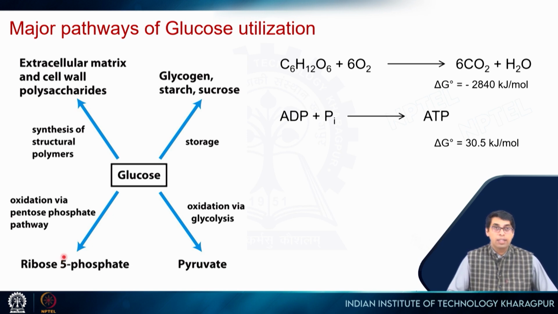So, DNA, RNA they will require this ribose sugar. So, they are all produced via this pathway, right. And it is also used to synthesize structural polymers for the extracellular matrix, cell wall polysaccharides, right. So, glucose is used for all these different pathways. We are going to discuss this pathway and this pathway primarily in today's lecture.